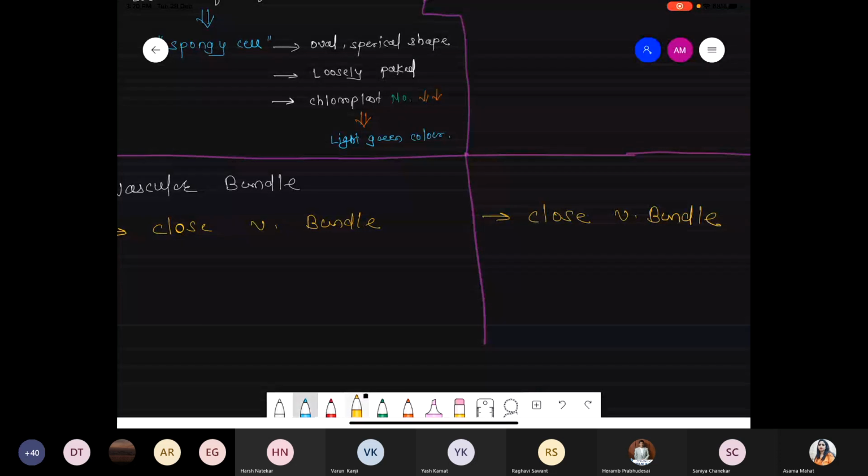Another point is the same, there is actually no change. Here we are talking about the presence of the conjoint vascular bundle. Similarly here, there is a presence of the conjoint vascular bundle.